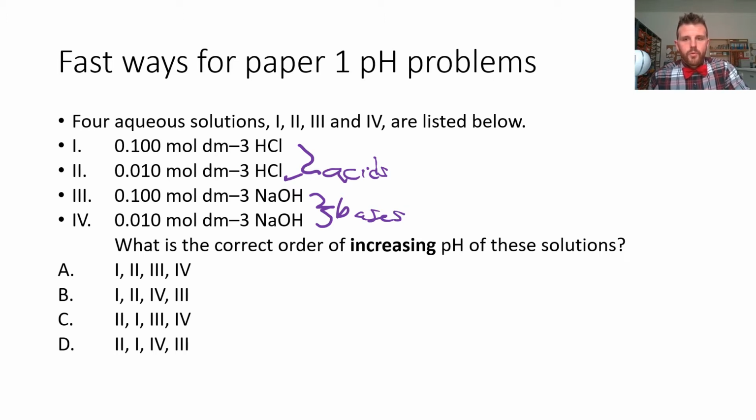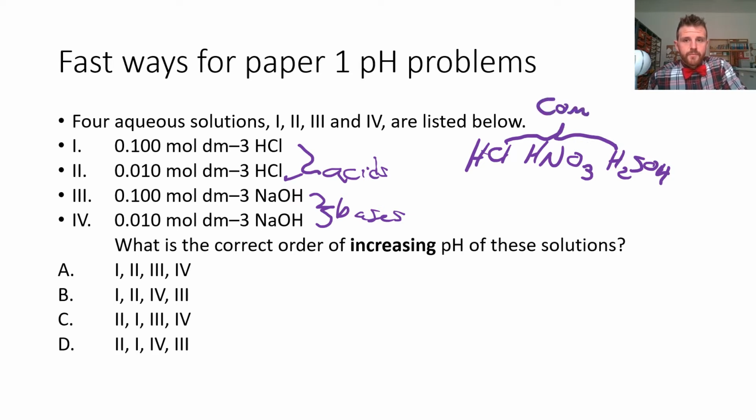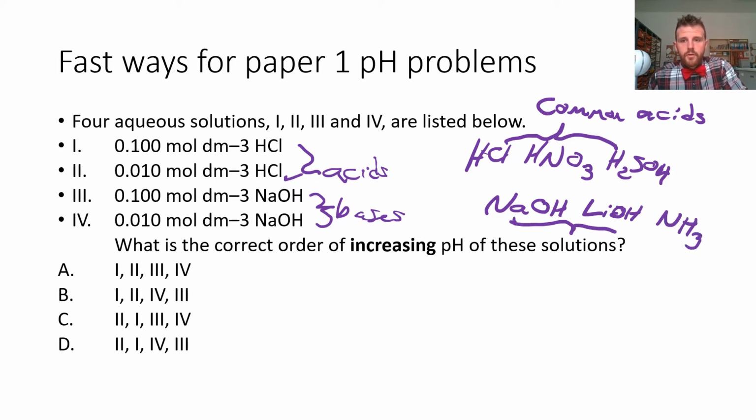If you don't know very common acids and bases, so for example HCl, HNO3, or H2SO4, if you don't know these acids yet, these are common acids, you need to memorize them. Same with very common bases like NaOH. They could do LiOH or NH3. These are all common bases. Need to have these memorized.